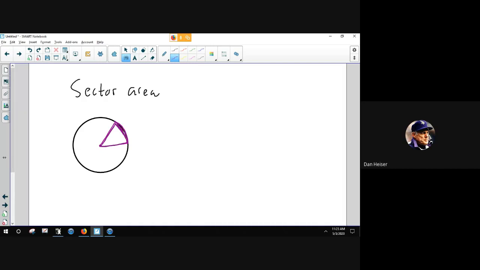I think of it as a slice of pizza or a piece of cake. Here is the sector, the area that's shaded here. A sector is simply the area between two radii.